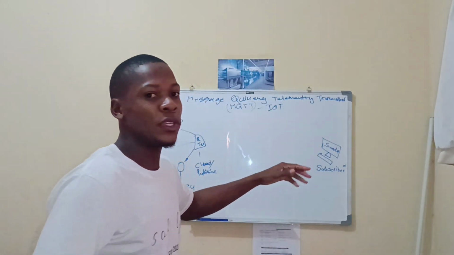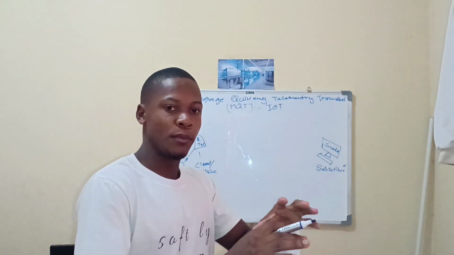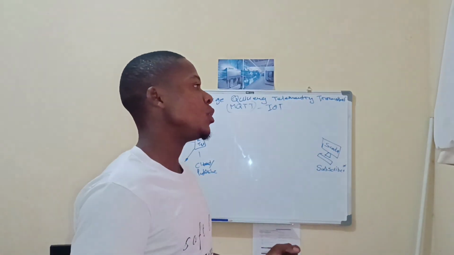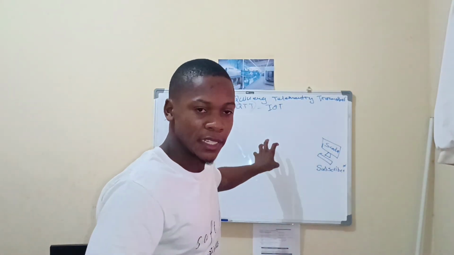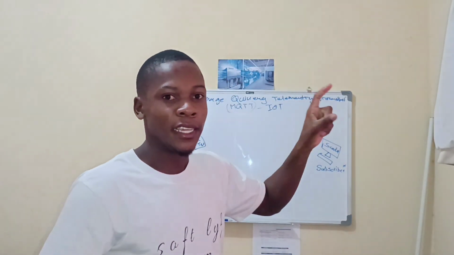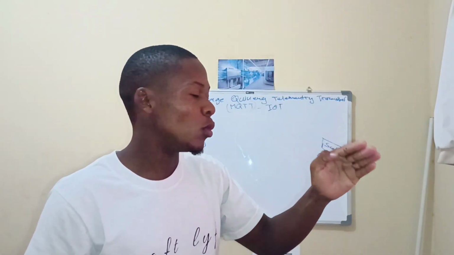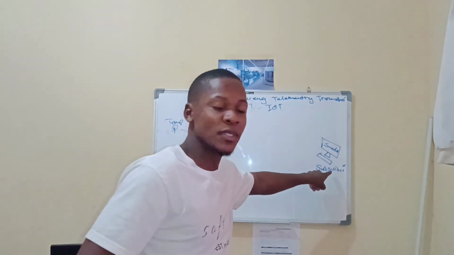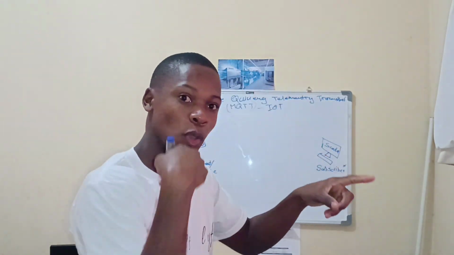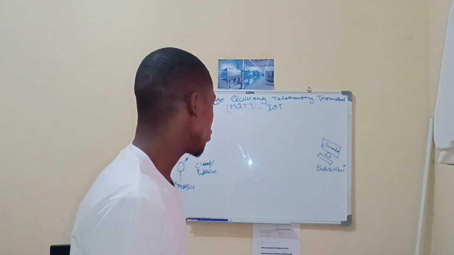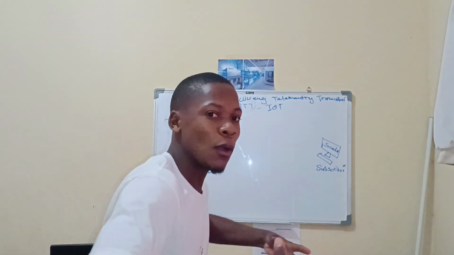Now, in between, we have what we call a broker, or basically it's just a cloud, which is responsible for receiving the data and then sending it to the right subscriber, sending only the data that the subscriber has subscribed for, or is requesting. To make it simpler, this is what we call our middleman.